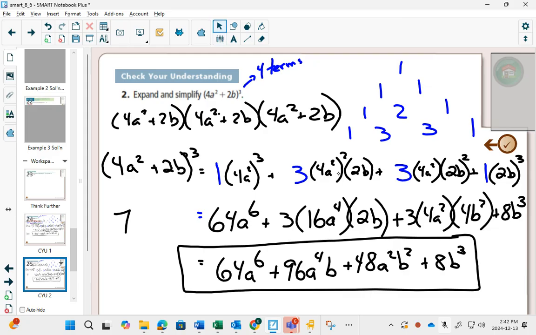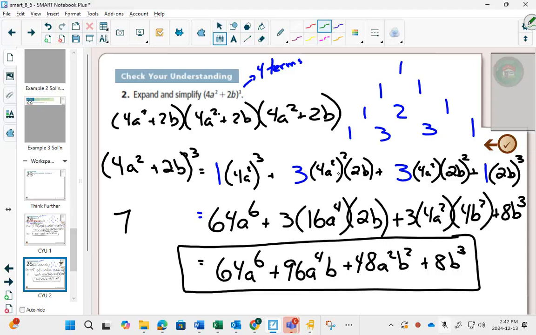And just number 7 for practice. So now a pattern is happening, okay?